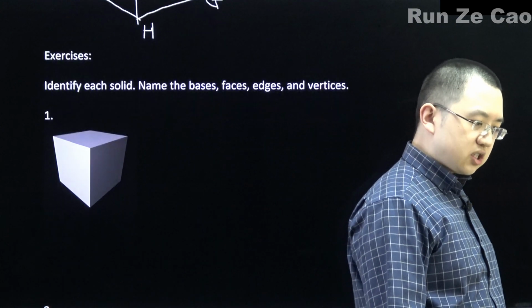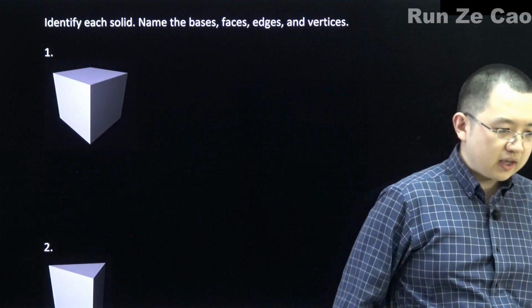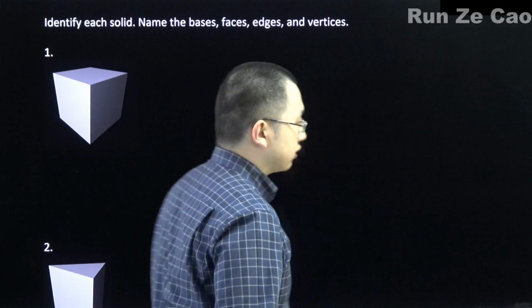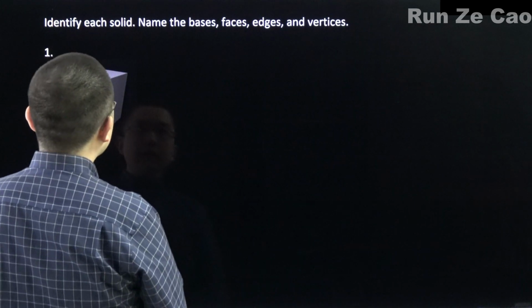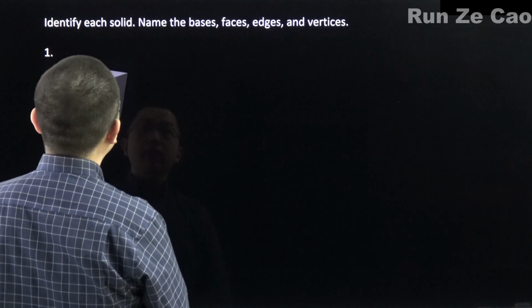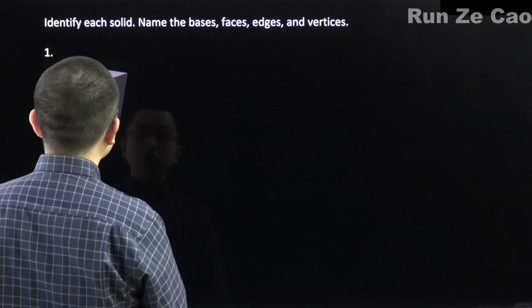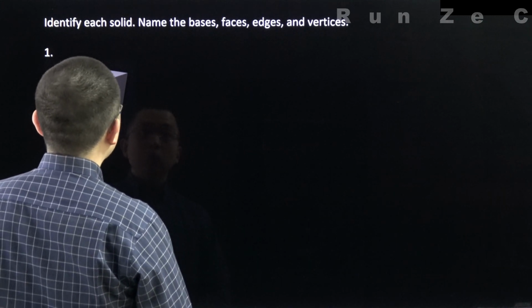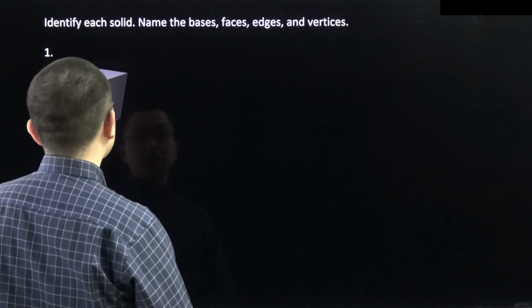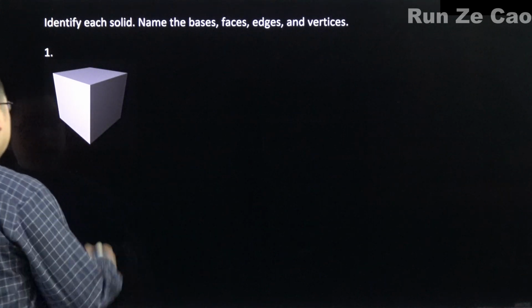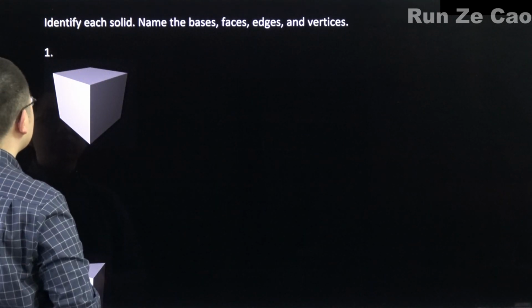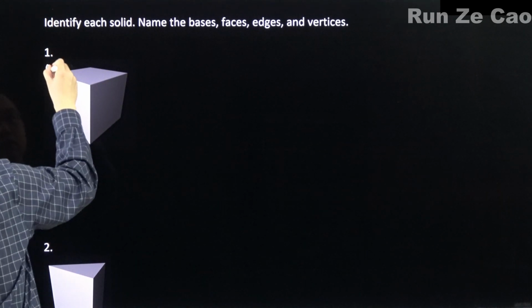Exercises. Identify each solid. Name the bases, faces, edges, and vertices. Here, I'm going to go with name the faces refers to what sort of shape they are. The faces are squares. Okay? Because if we're being asked to name every single face, we can actually do that.